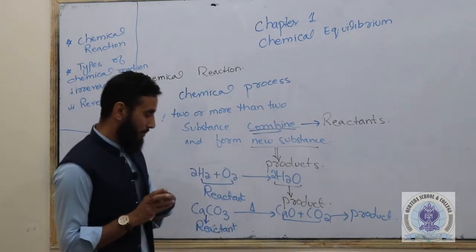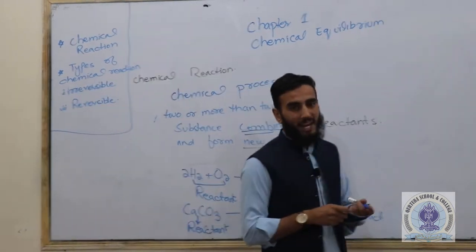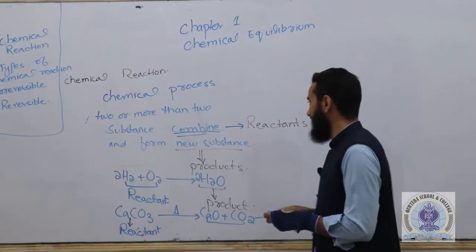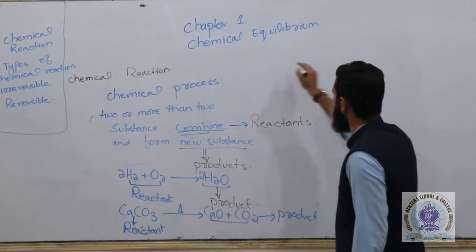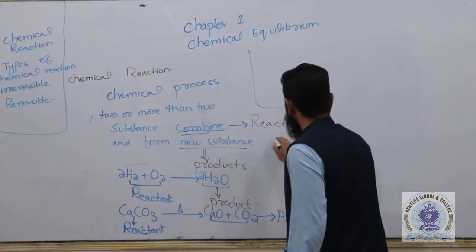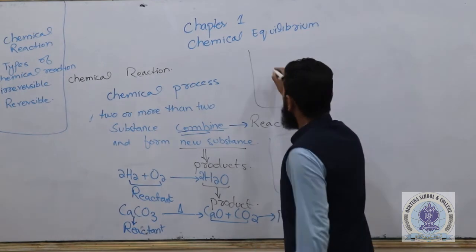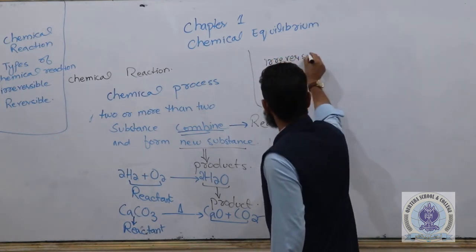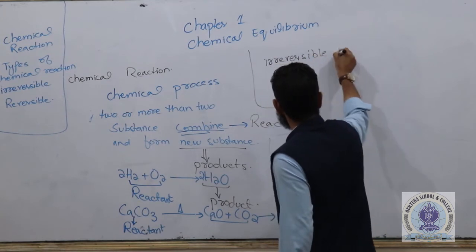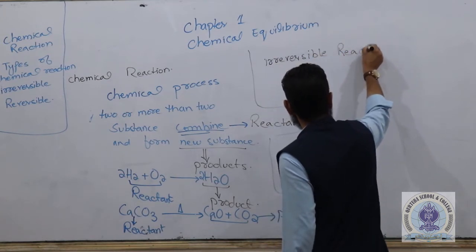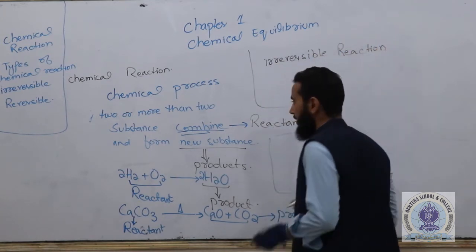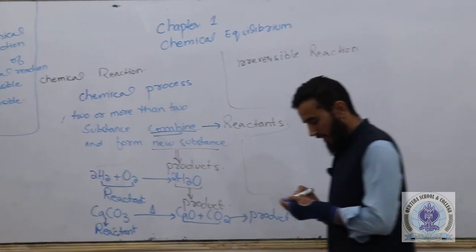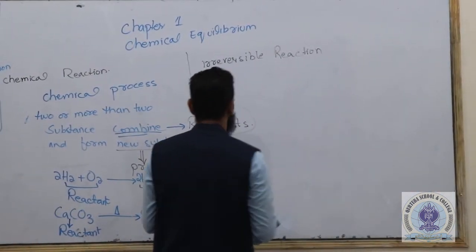Basically we have two main types of chemical reactions: irreversible reaction and reversible reaction.